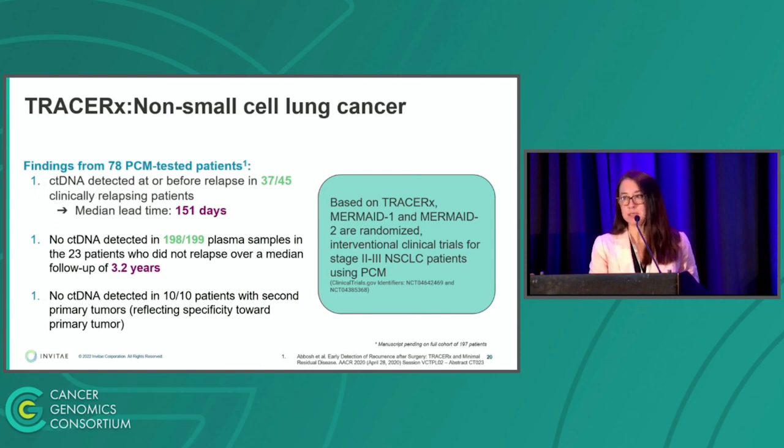And based on this, preliminary results of this study, a couple of interventional MRD studies were generated looking at how can you use this test to then direct care and either sticking with standard of care or adding in, say, immunotherapy in patients who are ctDNA positive and at higher risk.